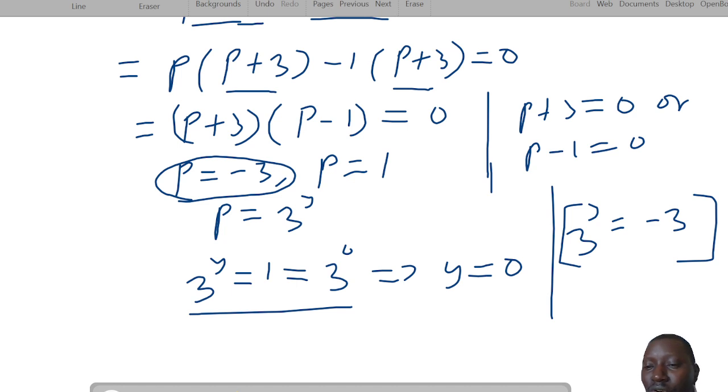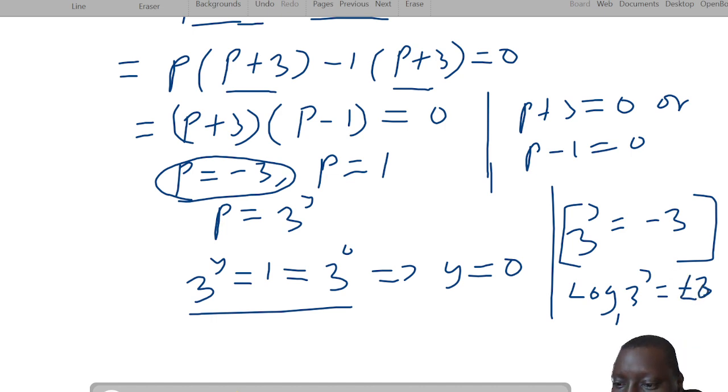When you introduce a log, we are going to have the log of 3 power y is equal to the log of negative 3.